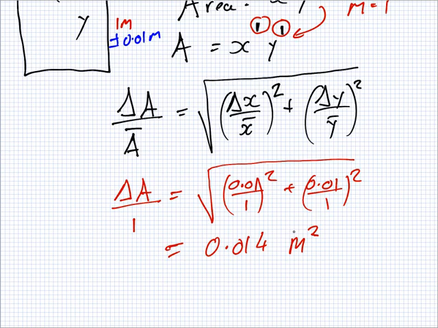Yeah. Now you notice that the answer I got here was a little bit different to the answer I got earlier. The answer I got earlier was 0.02. In fact, there are many ways to calculate uncertainty, and they won't all give you the same answer.